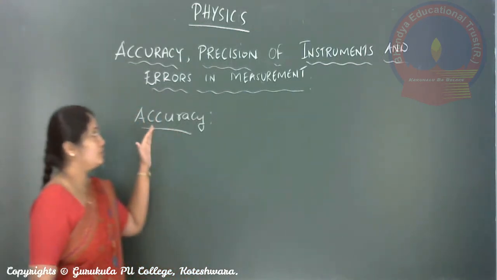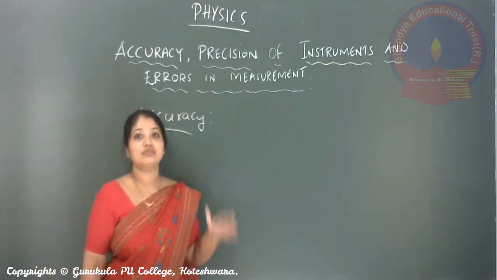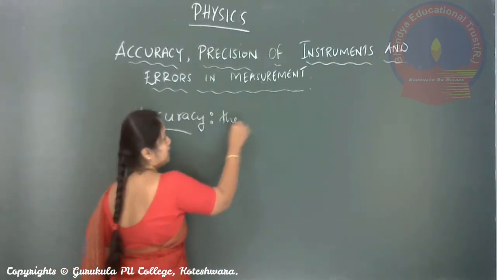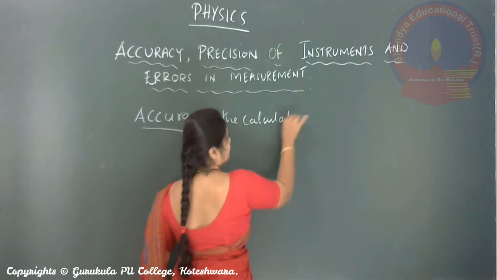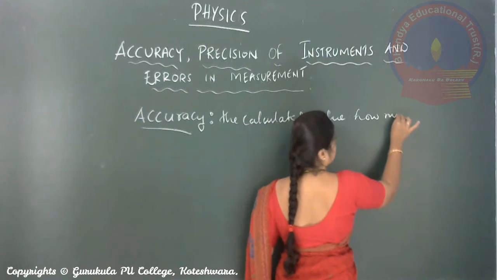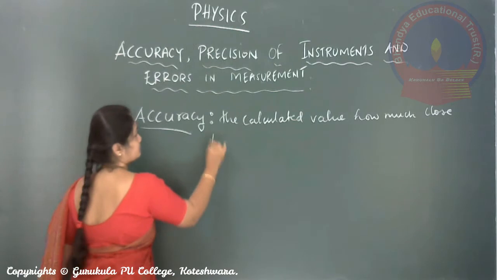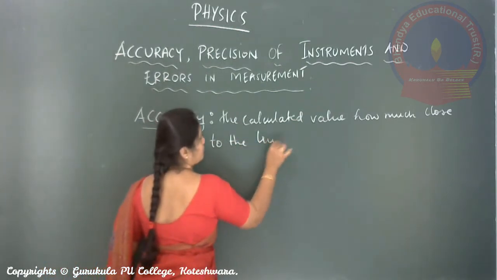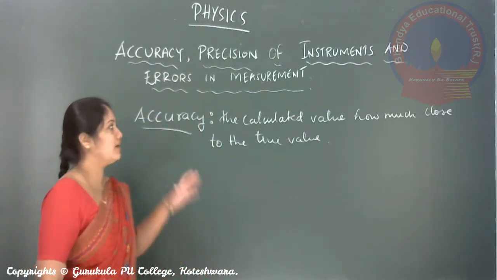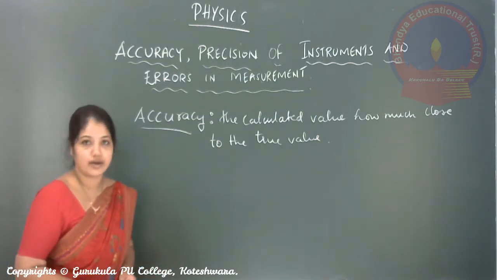So what is the difference between accuracy and precision? Accuracy means how close the calculated value is to the true value. In the measurement that we are doing, how close is the value you have calculated to the true value.